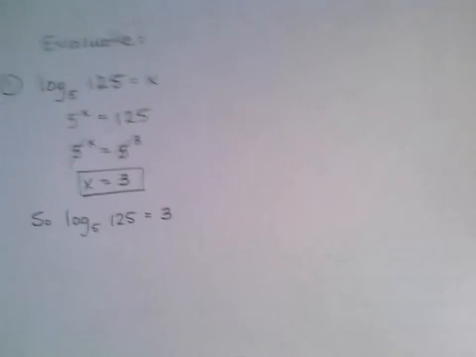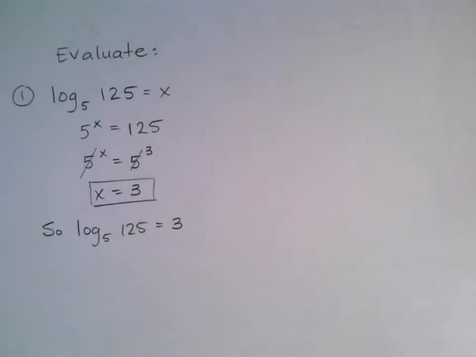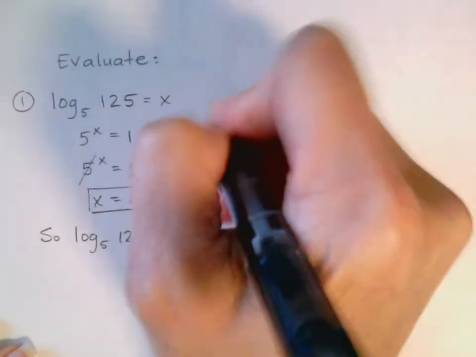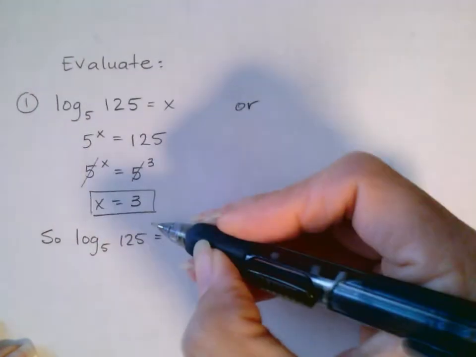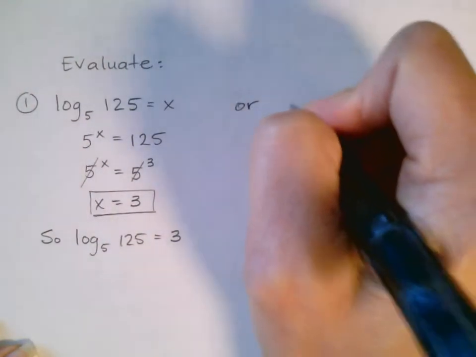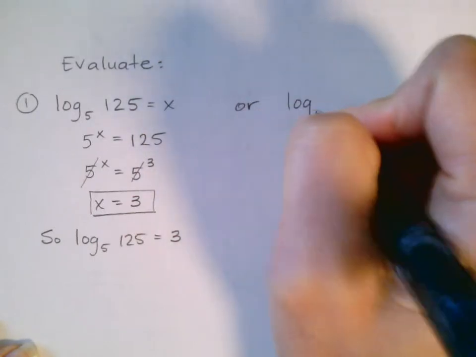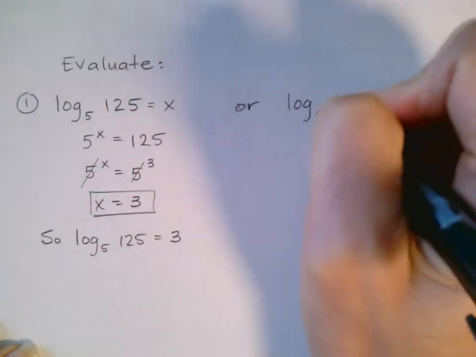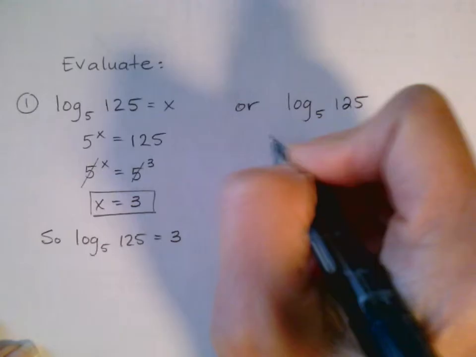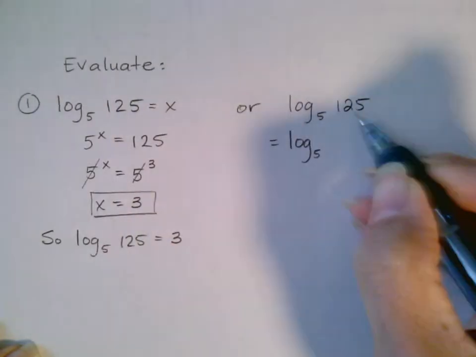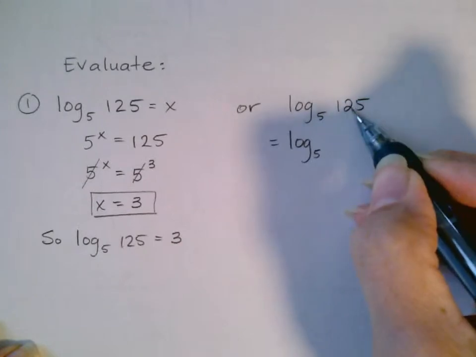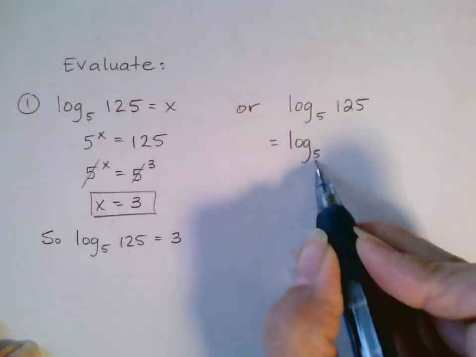Now there's another way that you can rewrite it. Okay, and some students, instead of doing all that writing, write it like this. If I said evaluate log base 5 of 125, you can rewrite it like this. Okay, you want to achieve 125 having the same base as whatever this number is right here.